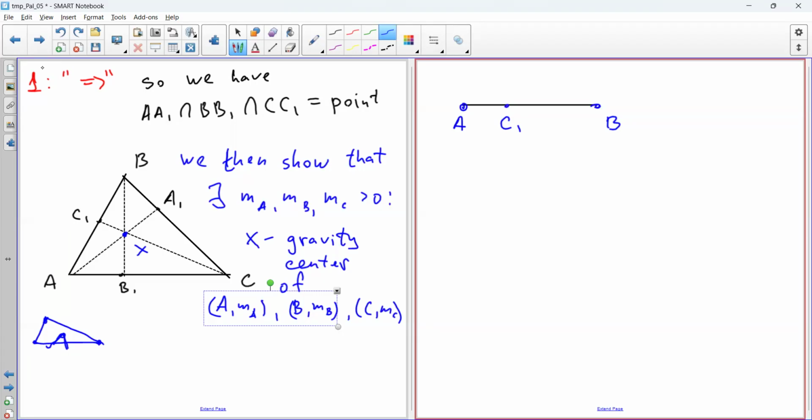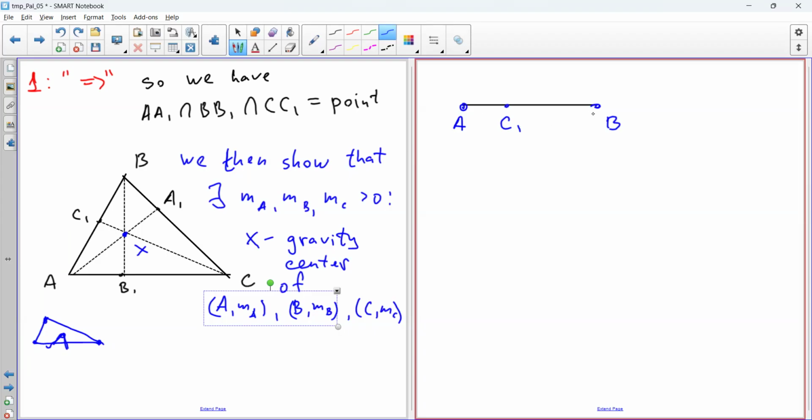We apply it to 1 point and to the gravity center of the other 2 points. And we have something about 3 points, but then we can again increase the amount by 1, because we will be referencing again the gravity center of a group of 3 points, for example, and another point.